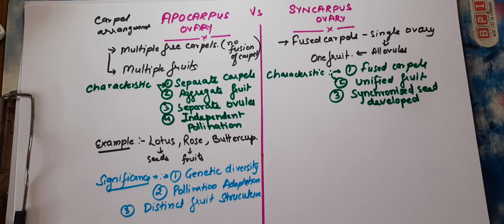Since the ovules are inside a single ovary, it will have a controlled condition, so this will ensure the synchronized seed development, which is absent in the case of the apocarpous ovary.